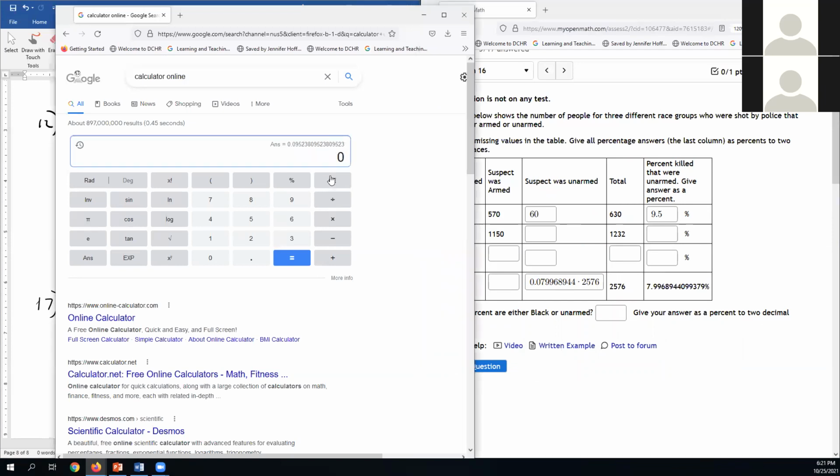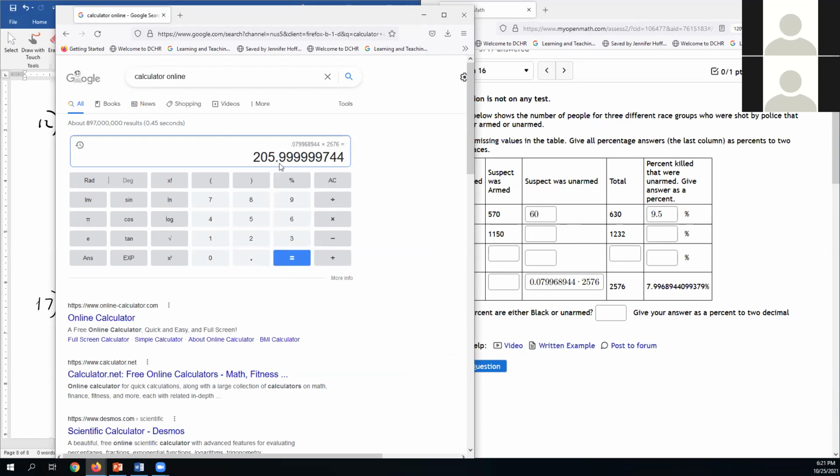I'll show you that right here. I took that percentage, switched it to a decimal, multiplied by the total, and that tells me the number of unarmed. So if I take the decimal, which will be very close to the whole number, 0.7996894, and that's a little bit of an approximation, times that 2576, I get, boom, 205.9999999.